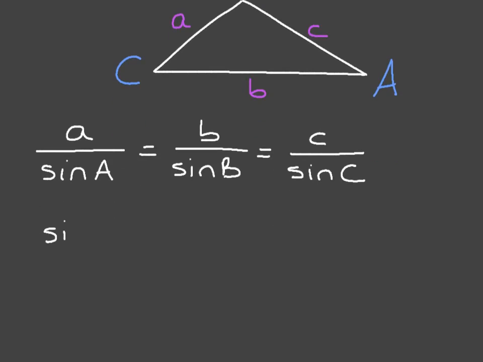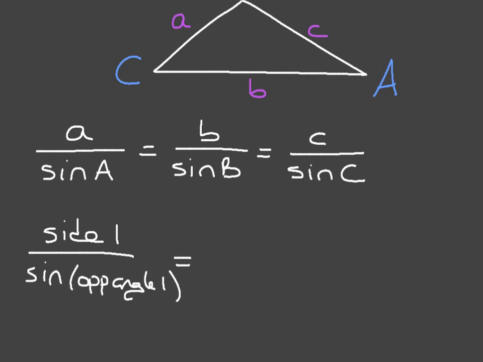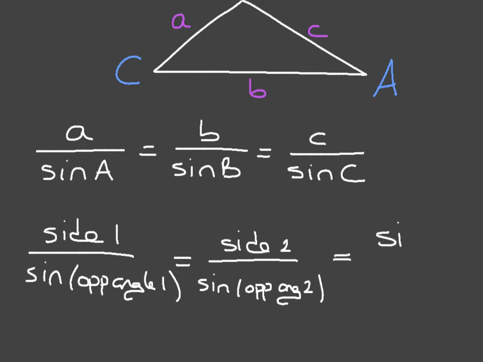We can say that side 1 divided by the sine of, I'll just say op for opposite angle 1, has to equal side 2 divided by the sine of the opposite angle 2, so the angle facing side 2, and that has to equal the third side, which we'll just call side 3, divided by the sine of the opposite angle 3. Now, I often encourage my students to think of it this way rather than to think of it in terms of a, b, and c.